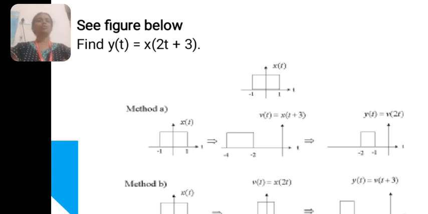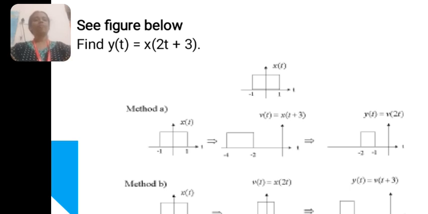Then next comes time shifting. If the shifting parameter is greater than 1, then what happens? We can understand the upper limit and lower limit of the rectangular signal here. It is minus half to plus half. So take one end and operate it with the 3.